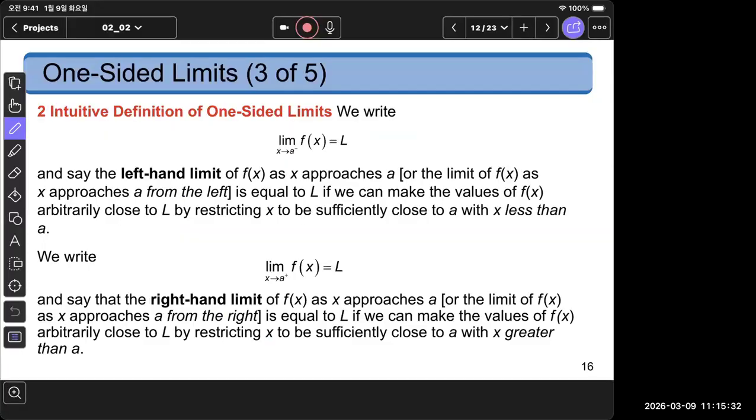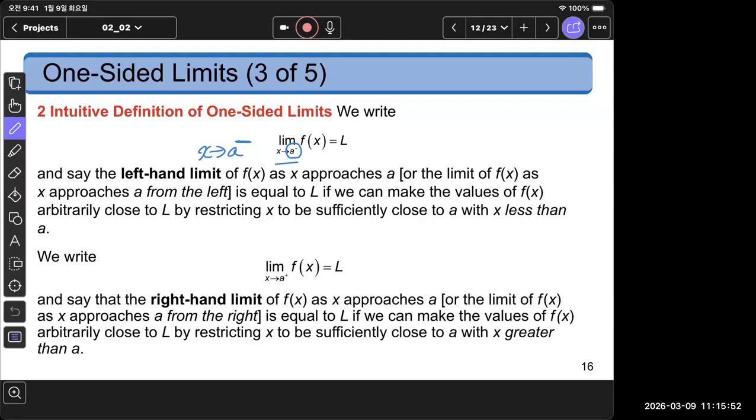So here are the definitions. If I have this notation, I'm not sure whether you can see this negative sign, here x approaches a with this minus. That means my x approaches a from the left.